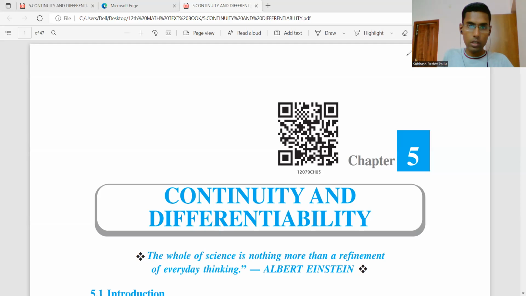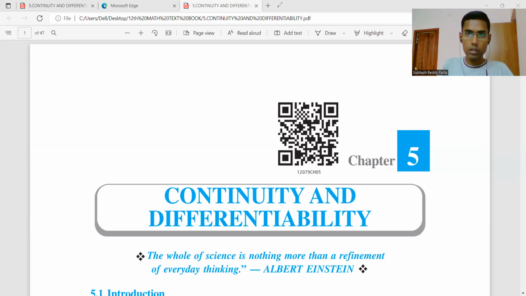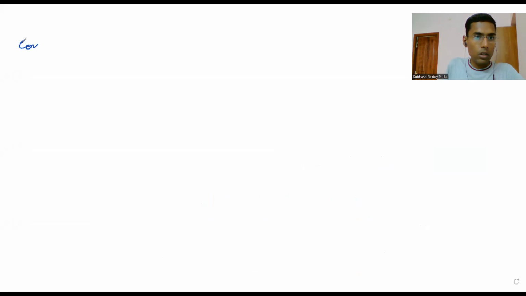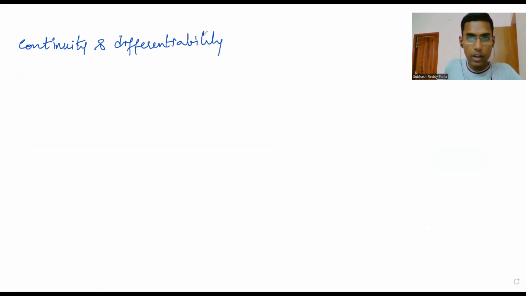What is continuity? First question. Continuity and differentiability. Whenever we say continuity and differentiability, of what?